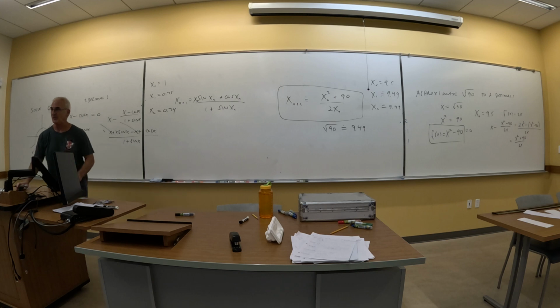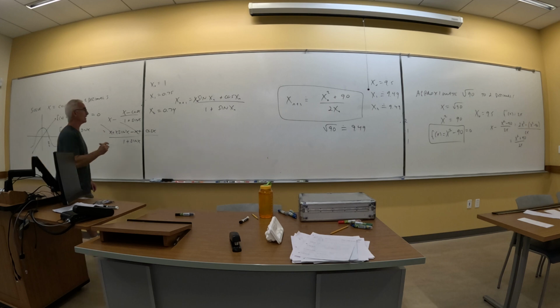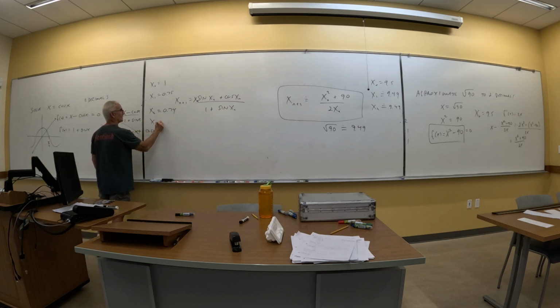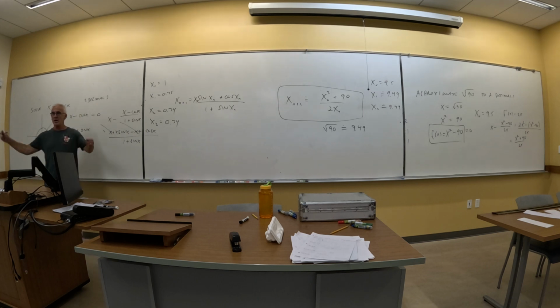When that change is very small, my professional experience is we've probably hit the answer. But that's no guarantee. My next one might be 0.73. So I do have to do it again. You can't stop now. You have to have consecutive iterations produce the same thing. So does anyone have x3 yet? It's also going to be 0.74. So now we can rejoice. We got the answer. We're pretty sure we did it right.